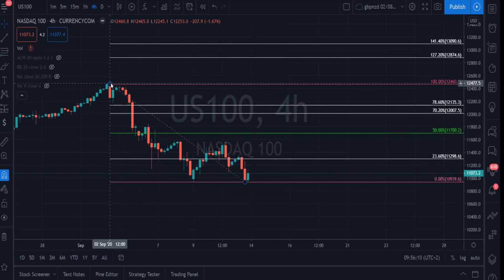Mm-hmm. And then we pulled to the lowest point, which was the 11th of September at 1600 hours South African time, which was about 10,939. Okay. You with me so far? So what we do is we find the highest point and we find the lowest point. We click on Fibonacci retracement and we take it from the highest point to the lowest point.